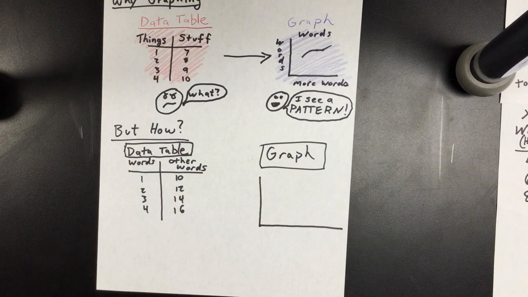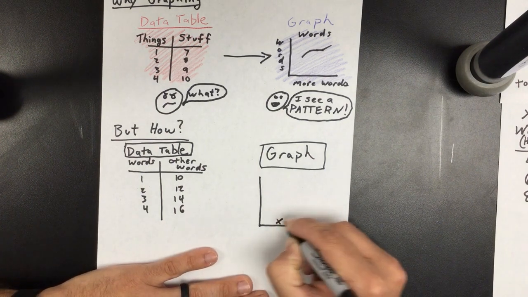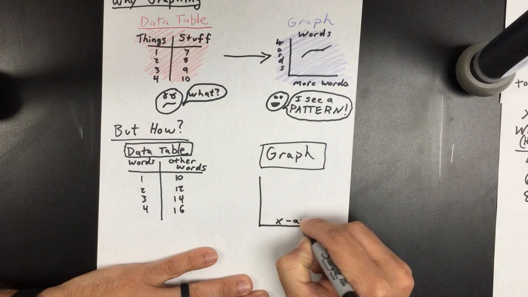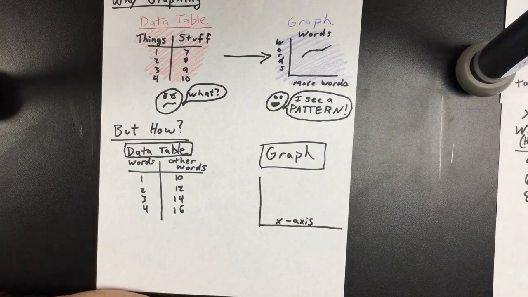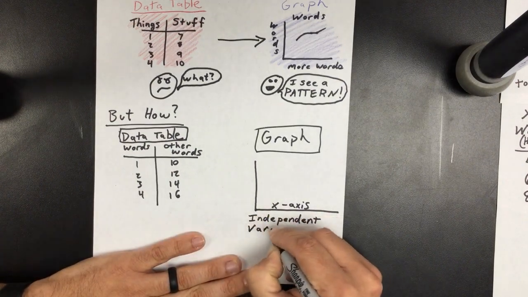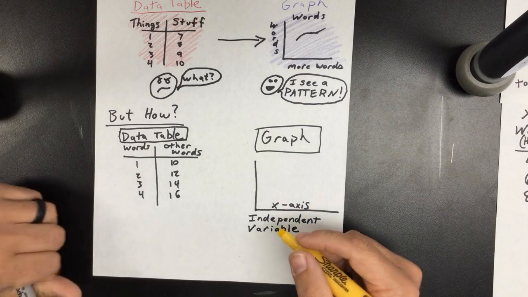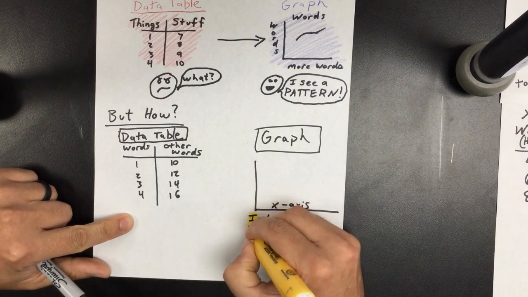When we graph, we have to put things in very specific spots. Down on the x-axis, we're going to put the independent variable. The independent variable is also referred to as IV.